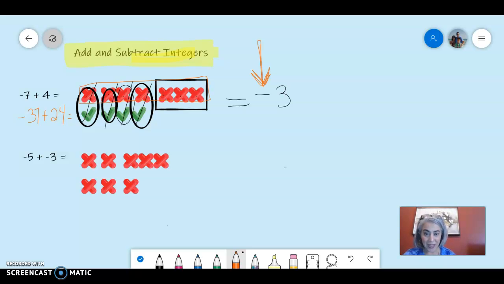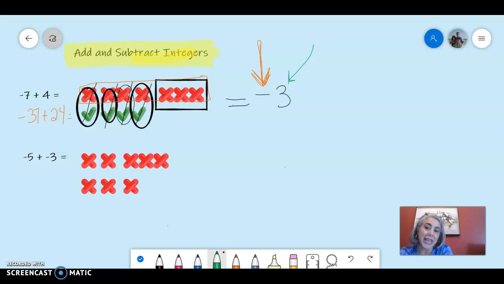And then, how do I get that number 3? Well, 4 is a larger number than -7, but if I think about it in soldiers, I have fewer of these soldiers.